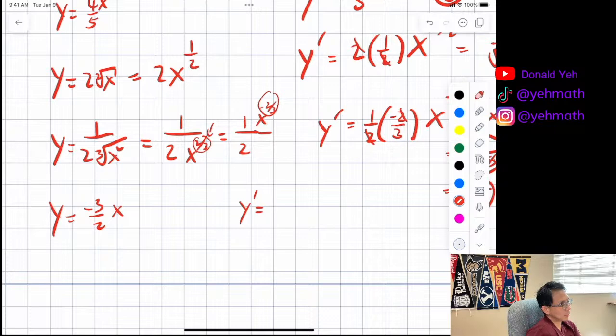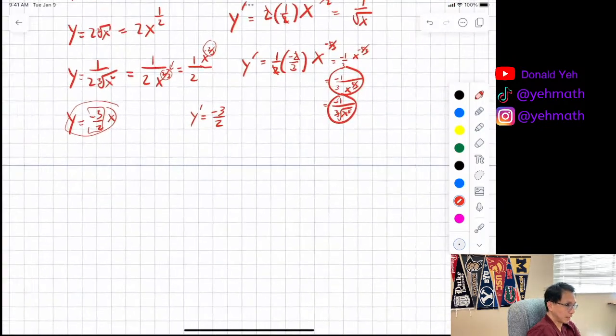That would also be 1. Yep, so it'd be negative 3 over 2, right? But here's the thing, it's not that hard. Remember, derivative is looking for slope. What is the slope of this equation? It's right here. Any x to the first power is just the number in the front. Got it?